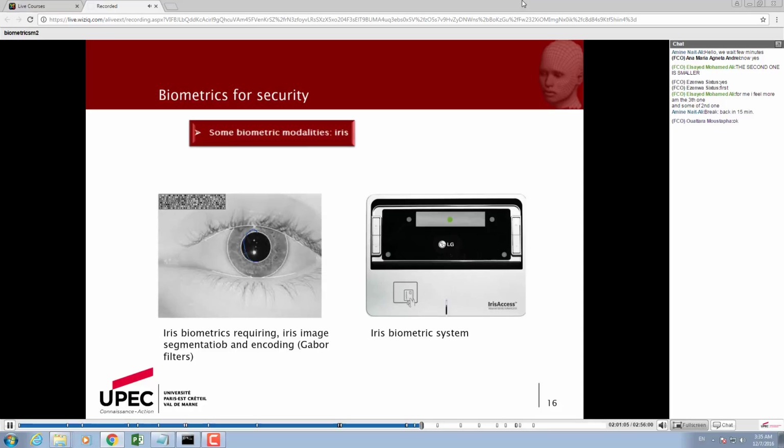So we saw this slide. For iris, we talked a little bit about the processing last time, and I said the idea is to extract the region of interest from the iris. Here you have to use some segmentation methods, and for this region of interest you use a high pass filter and a low pass filter.